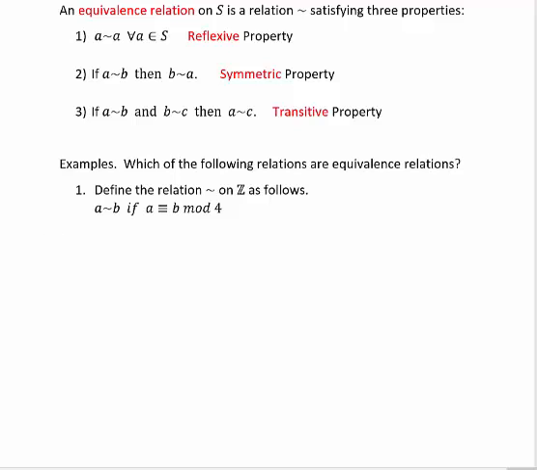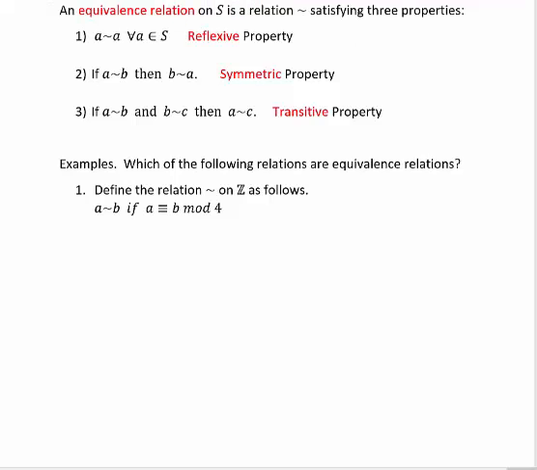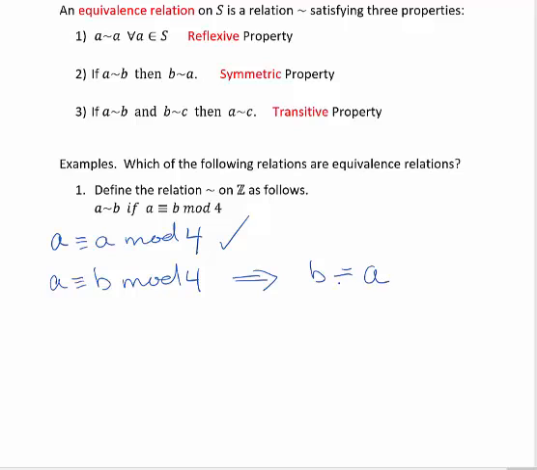We know this is a reflexive relation because A is congruent to A mod 4 for any integer A. If A is congruent to B mod 4, that implies that B is congruent to A mod 4.